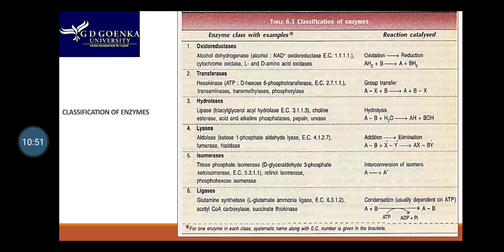The third class of enzyme is hydrolase. Its examples are lipase, cholinesterase, acid and alkaline phosphatase, pepsin, urease. These examples come under hydrolase, and this catalyzes hydrolysis reactions.